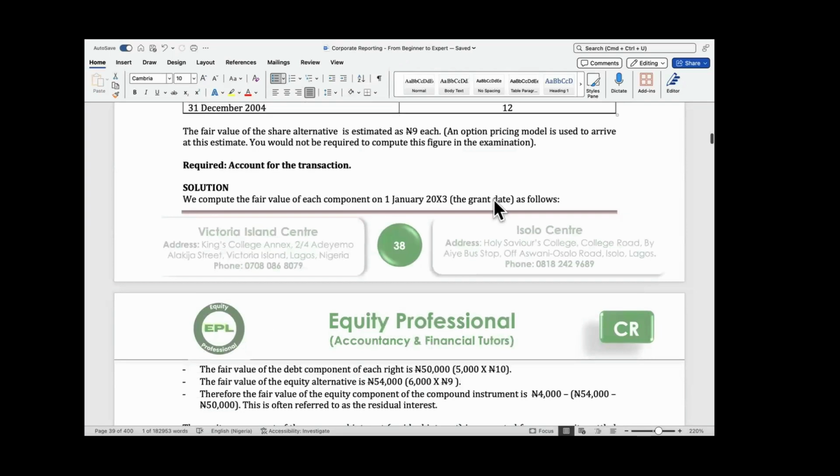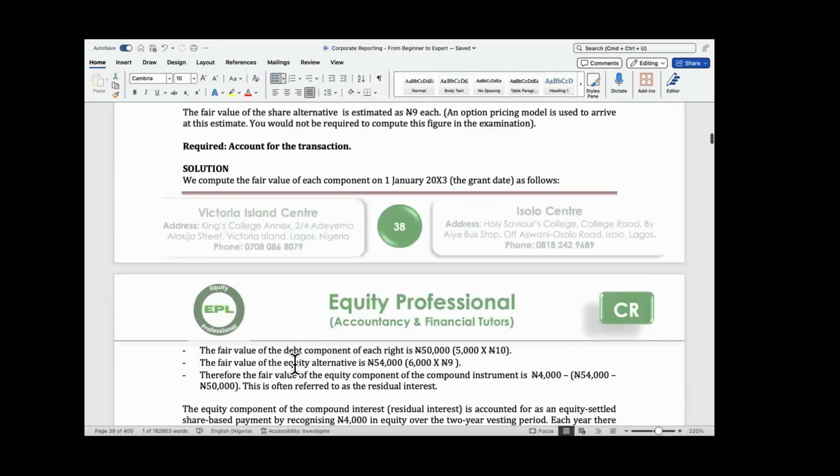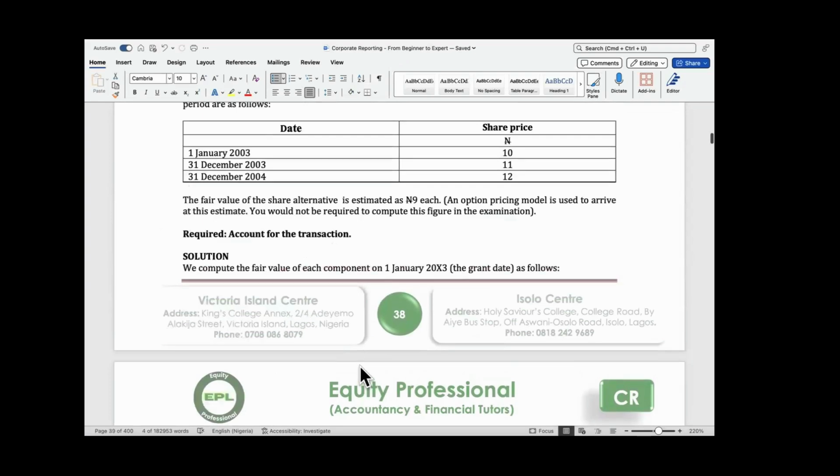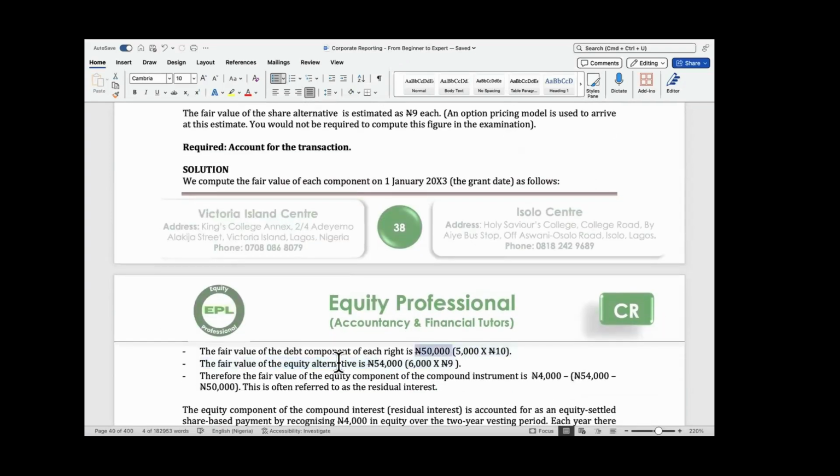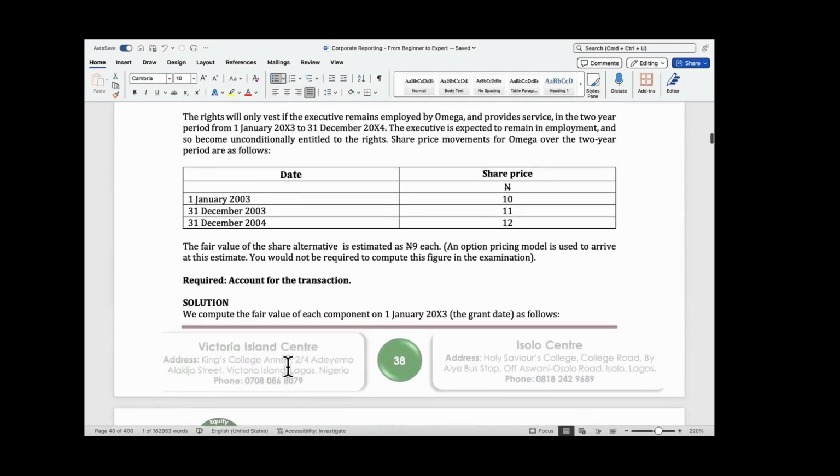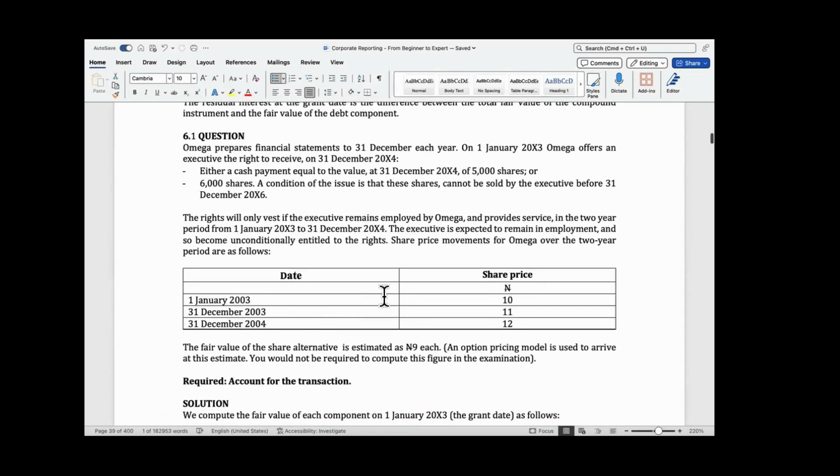And the value of the debt component there, the value of the equity component there will be how many shares?